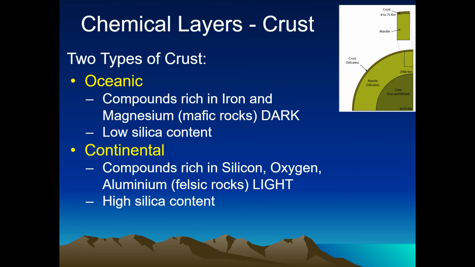The reason that matters is when crust dives down, which we'll talk about with the tectonic plates in a few minutes, if crust subducts or goes down towards the center, it can often melt, and then that molten rock can come up and form volcanoes. The temperature at which it melts depends on how much silica it has in it.